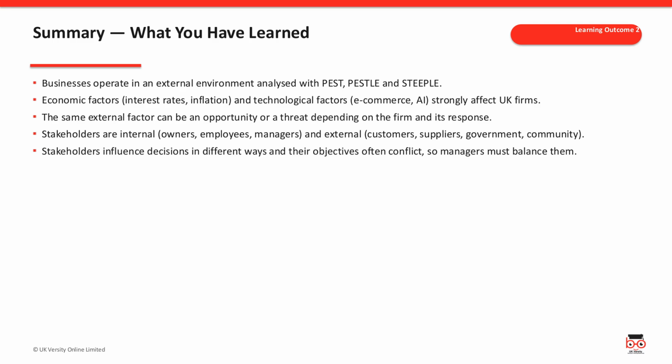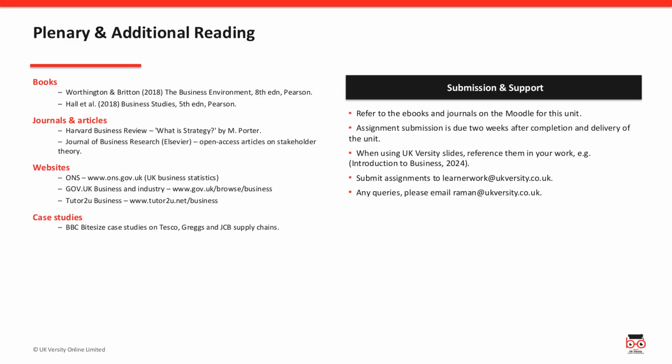And stakeholders, both internal and external, influence decisions in all sorts of ways. Because their aims often clash, managers are forever balancing them. So that's the UK business environment and the stakeholders within it, the outside forces firms must scan, and the groups whose interests they have to juggle.